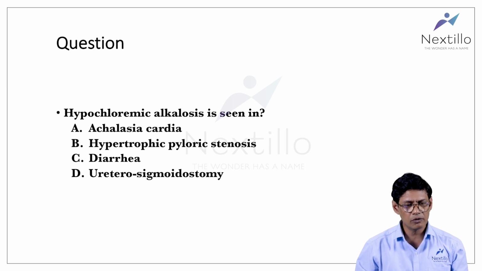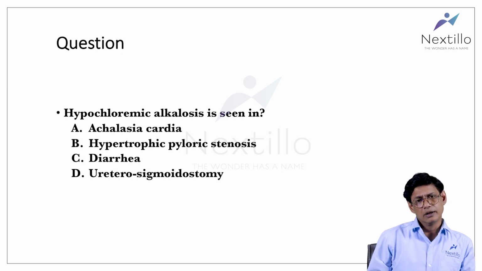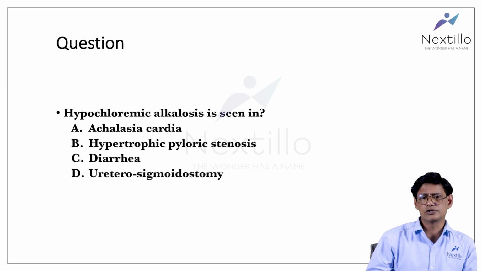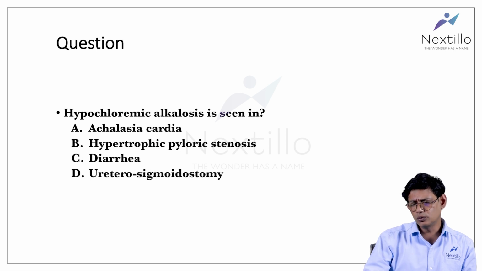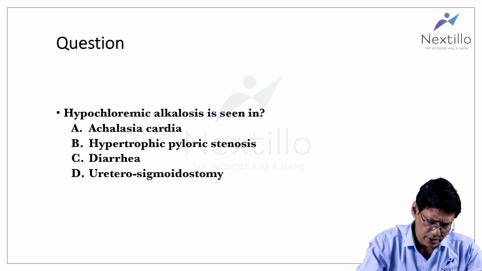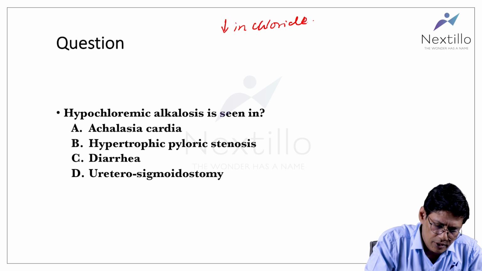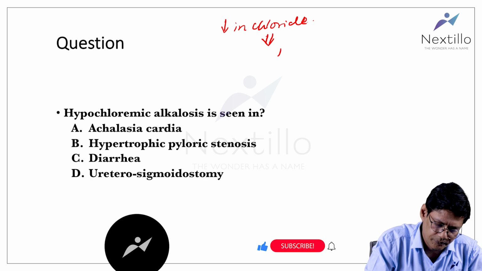In ureterosigmoidostomy also, once again, there is acidosis. So whatever conditions lead to vomiting with the HCl coming out, leading to a decrease in chloride, lead to hypochloremic alkalosis. What happens here is that due to decrease in chloride, the body starts absorbing bicarbonate from the renal system.